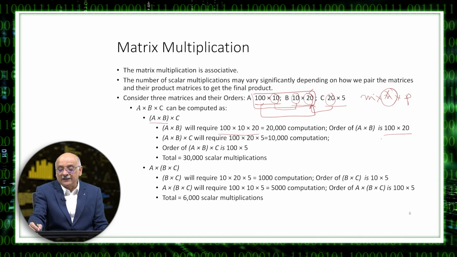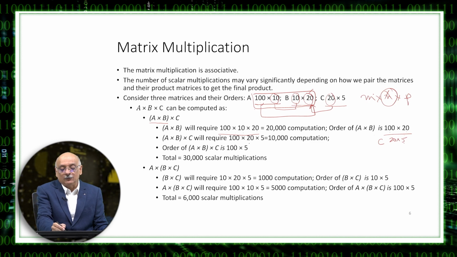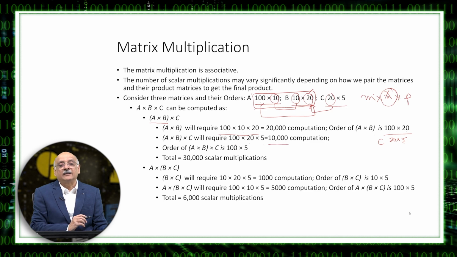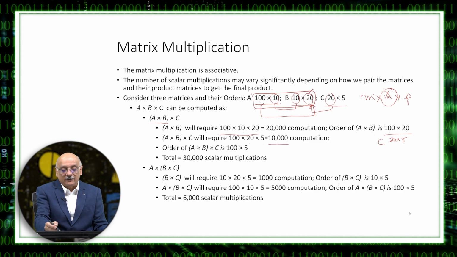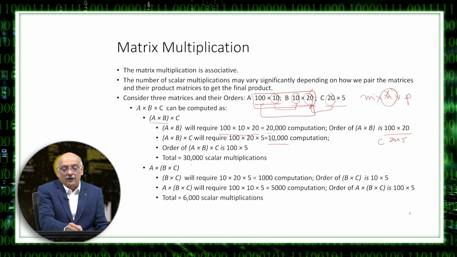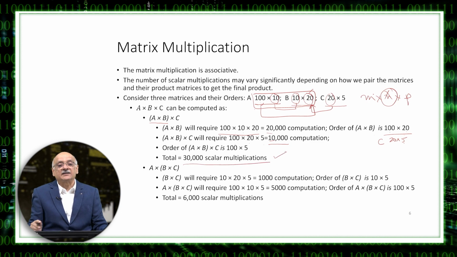Now we will be multiplying it with C, which has an order of 20 into 5. How many multiplications will be required? 100 into 20 into 5, which is 10,000 multiplications. Overall, the order of the result is going to be 100 into 5, and 20,000 plus 10,000, so overall 30,000 scalar multiplications are needed.